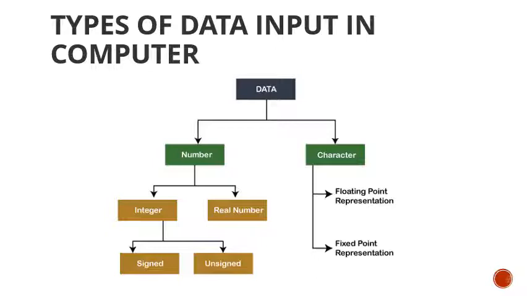The types of data input in a computer are shown here in the flowchart. So data can be represented as a number or character, and the number can be an integer number or a real number, and an integer number can be a signed number or unsigned number. Similarly, a character can be of a floating point representation or fixed point representation.